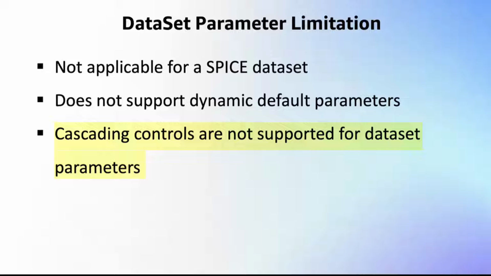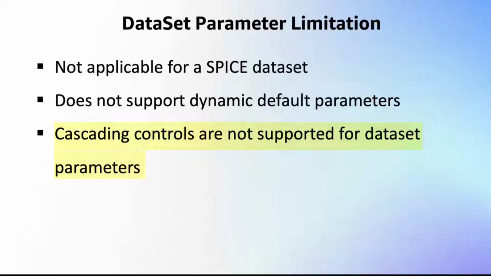Think about two filters where the values listed in one filter are dependent on the selection of values in the previous filter. For example, if you have a region filter and a subregion filter, the values in the subregion filter will be restricted based on the values in the region filter. That's what we call cascading controls.